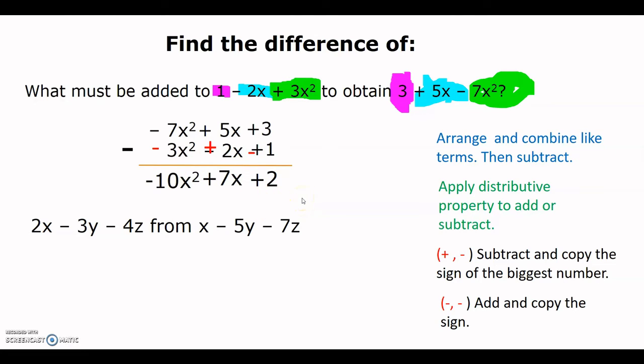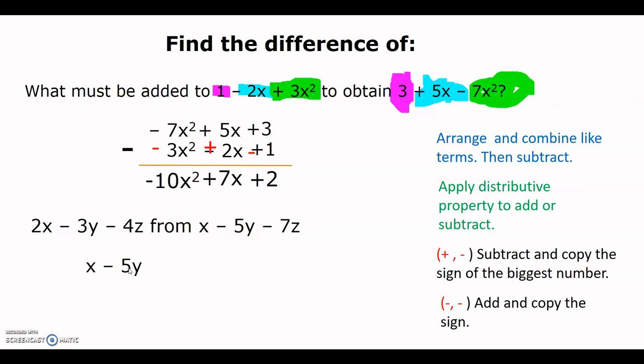Let's go to our second example. We have 2x minus 3y minus 4z from x minus 5y minus 7z. So our minuend here is x minus 5y minus 7z.